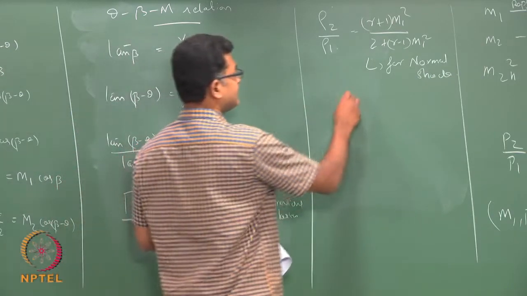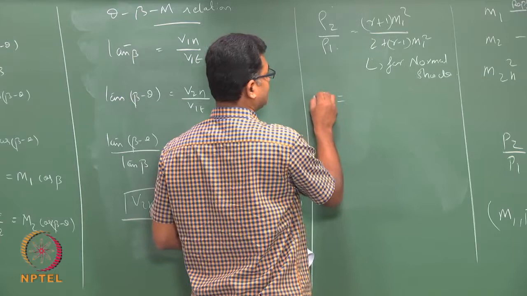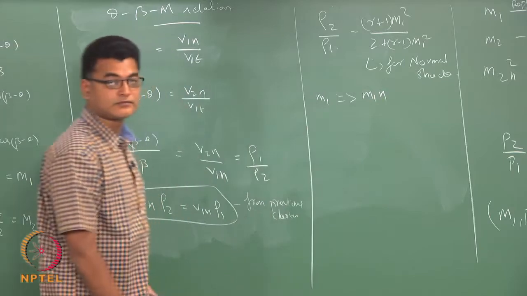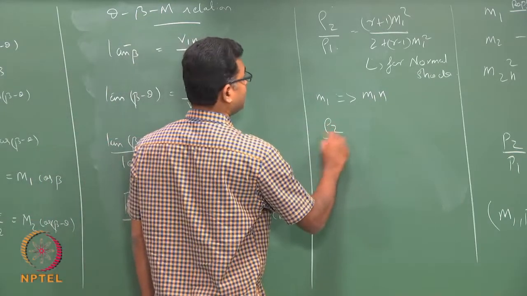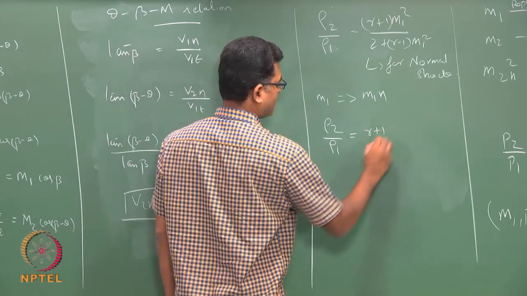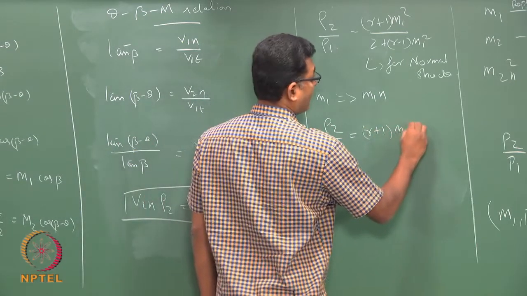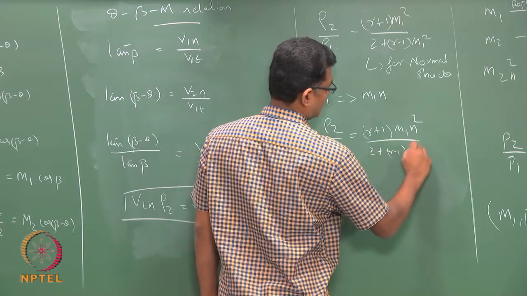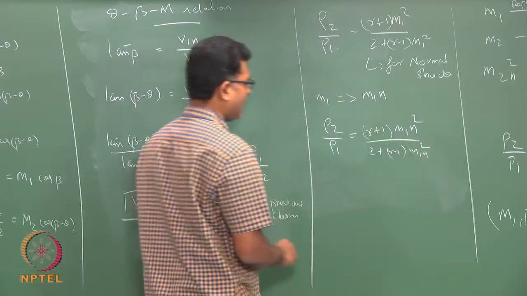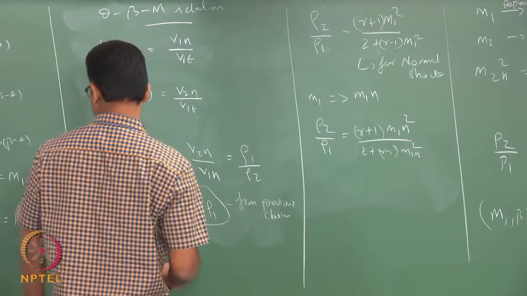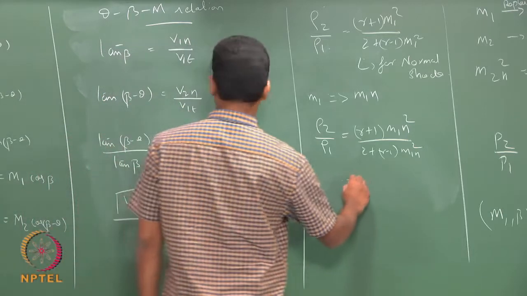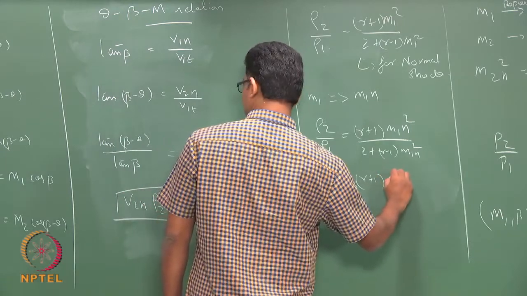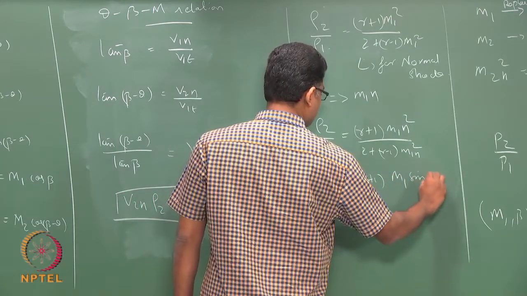I use this relation and replace m1 with m1n. So, my rho 2 by rho 1 is gamma plus 1 m1n square divided by 2 plus gamma minus 1 m1n square, and m1n is nothing but m1 sin beta.